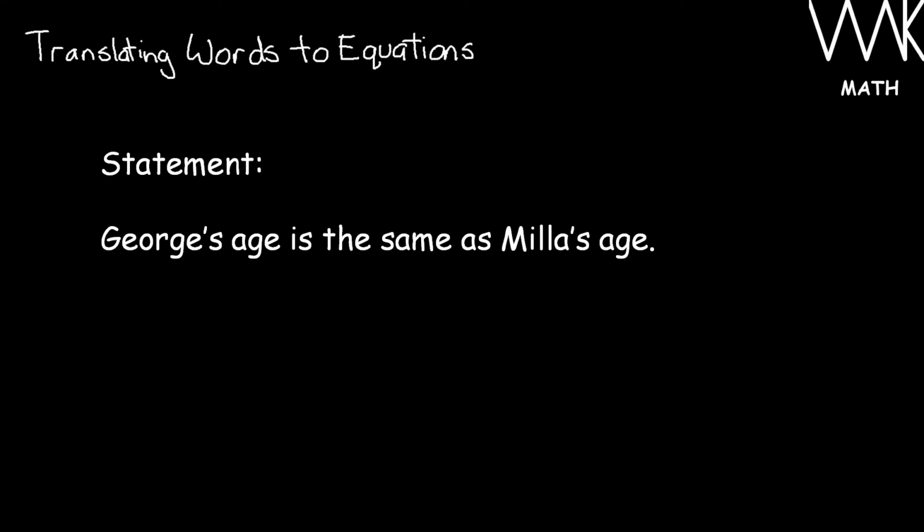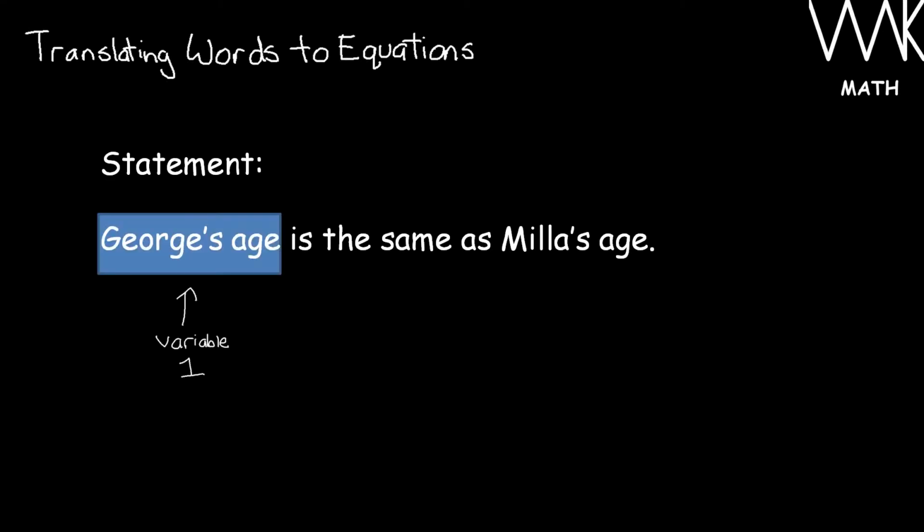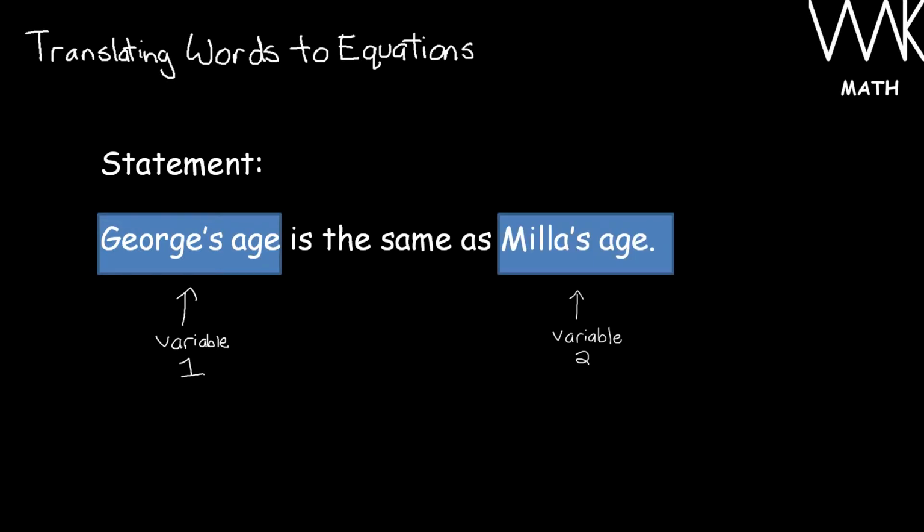To an untrained eye, it might seem like they're the same thing because age is the same as age. However, in this particular case, they are actually referring to two different persons. So George's age is one variable. Mila's age is another variable. And they're two separate variables because they're not the same person. They're two different entities. That's why they're separated as two variables.